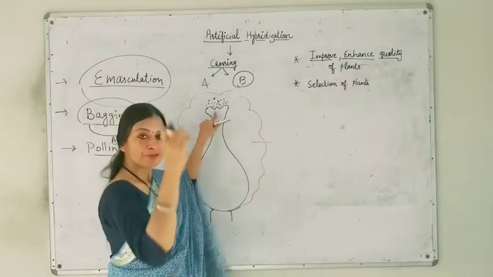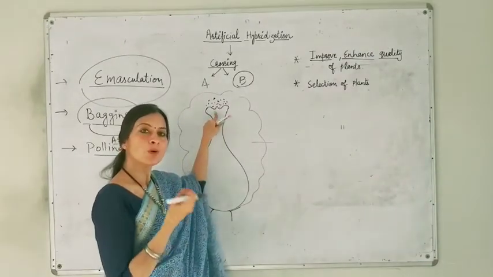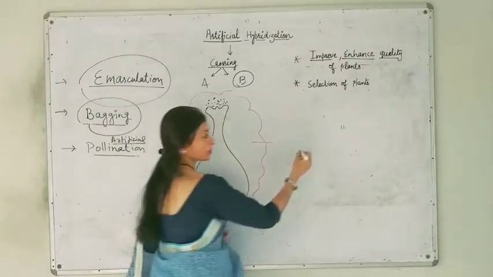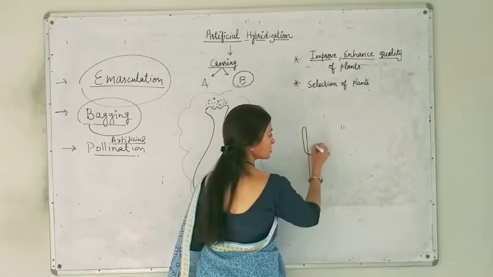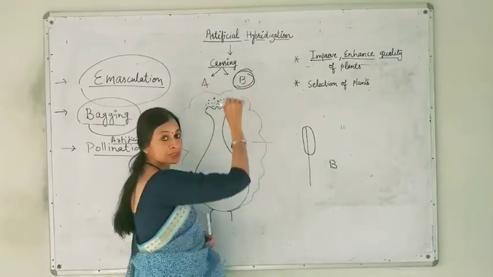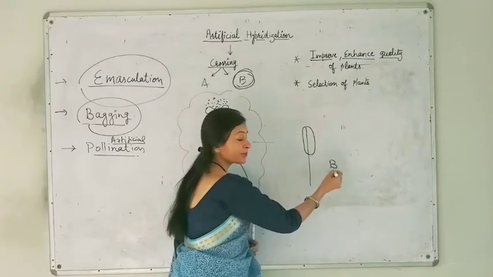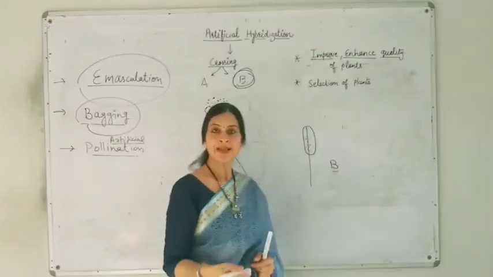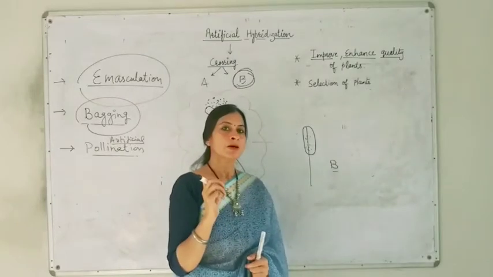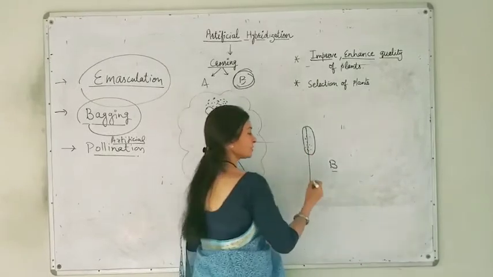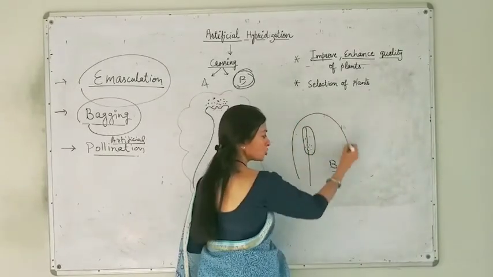These pollen grains that we are dusting are from the B plant, the B parent. The B parent has its intact anthers, which are undergoing the microsporogenesis process, and these anthers will also be covered.